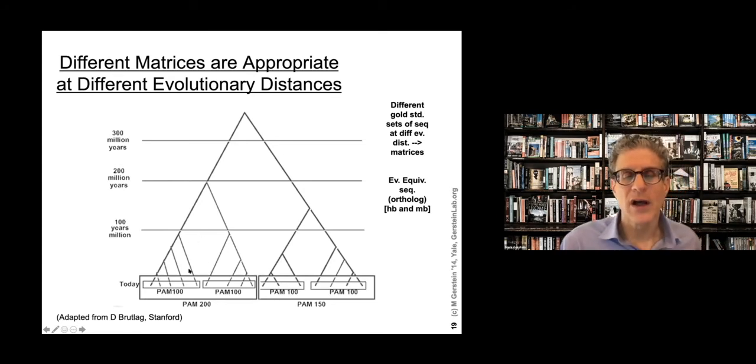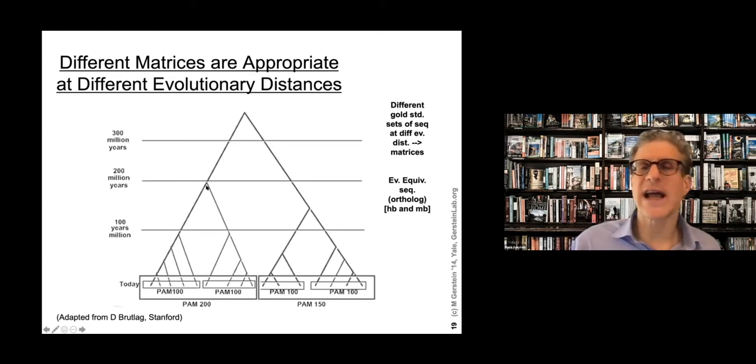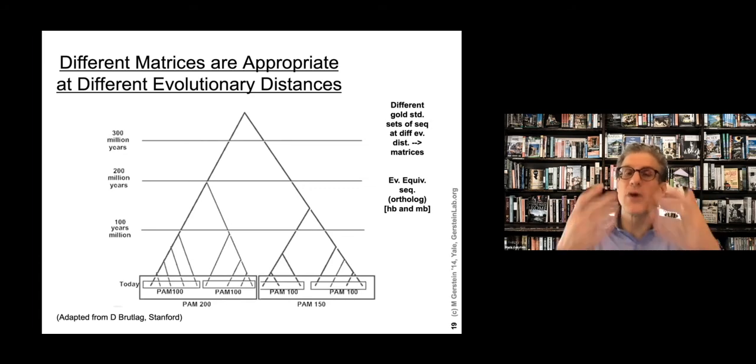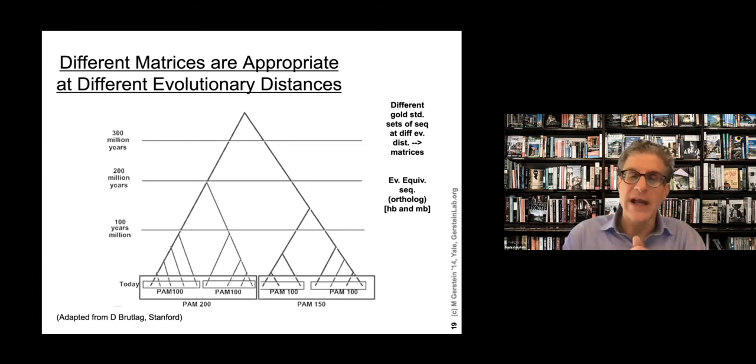But if you allowed your alignment to be more distant, say looking at all of metazoa, or maybe all eukaryotes and so forth, you would potentially be joining things together farther back in time, say 200 million or 300 million years ago, and you have a different matrix.